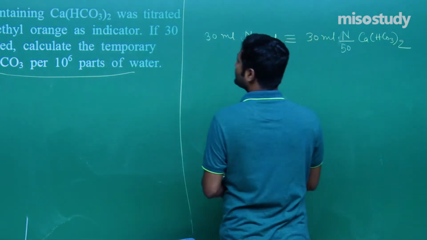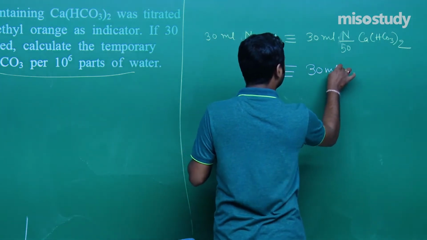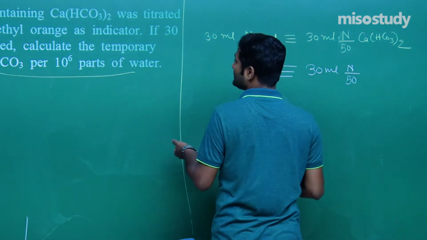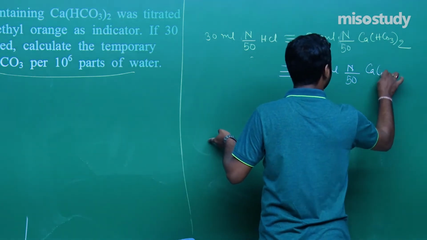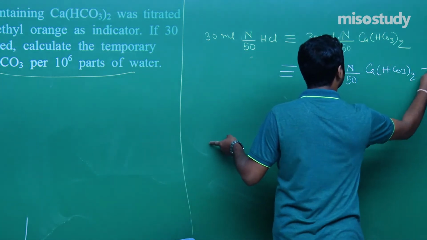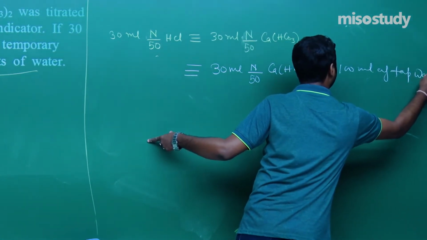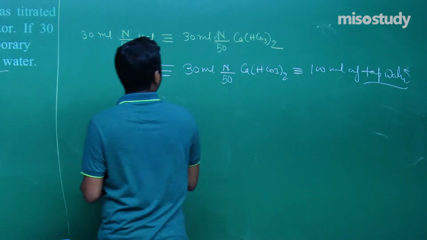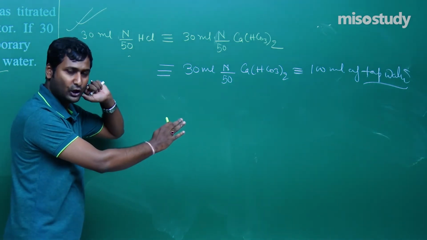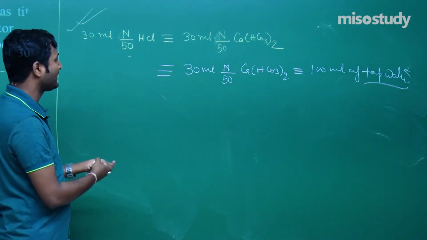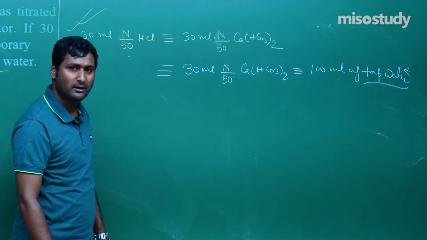See, that will be equivalent 30 ml, according to the question, listen carefully, this is the complete titration, volumetric analysis, N by 50 Ca(HCO3)2, that is equal to 100 ml of tap water. Clear? This is the complete theory of volumetric analysis. You can write like this, as I discussed earlier. 30 ml N by 50 Ca(HCO3)2 equivalent to 100 ml tap water.